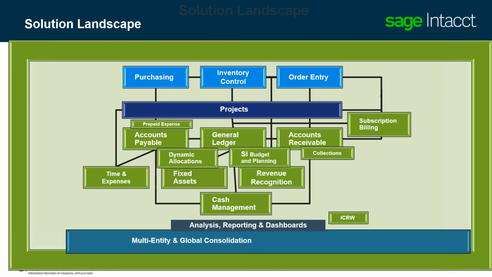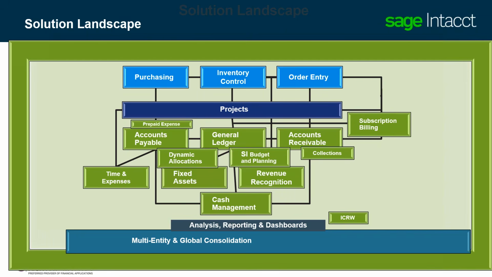You'll also see that we have the normal accounting applications that you would expect to see. We have some additional ones like dynamic allocations, where you're trying to do pooled allocations, Sage Intacct budgeting and planning, an advanced budgeting application. We have standard basic budgeting within the core application, and then we take it up another level if you need to do more complex budgeting and modeling.